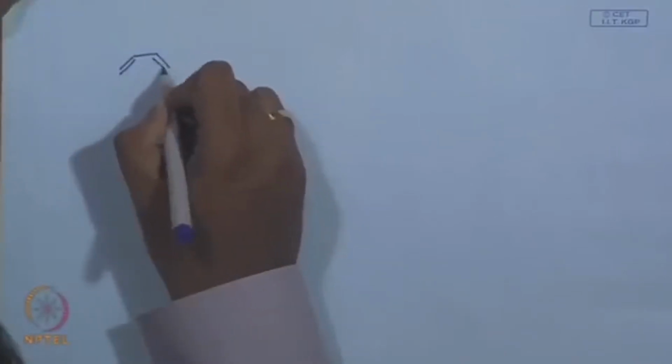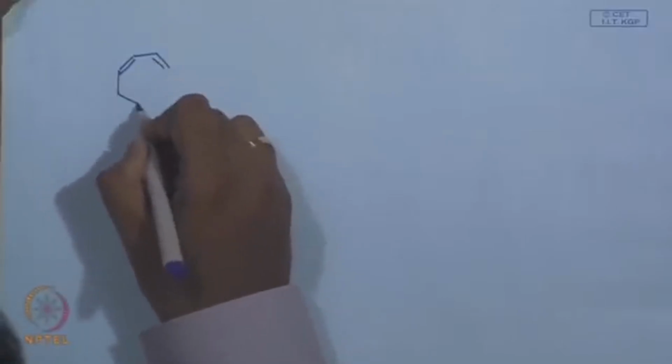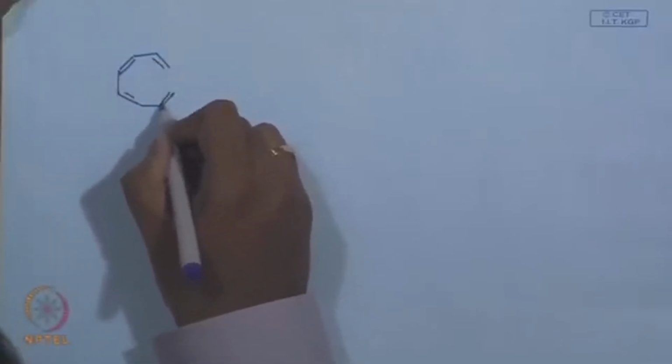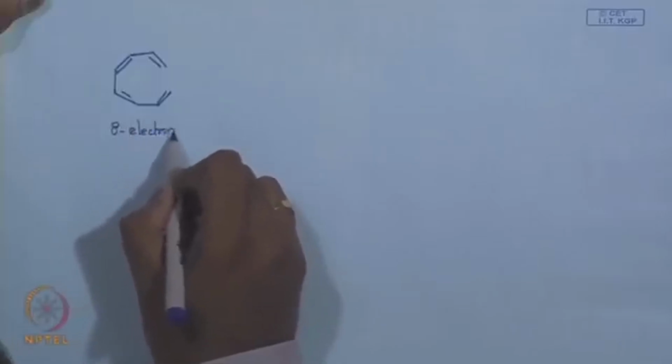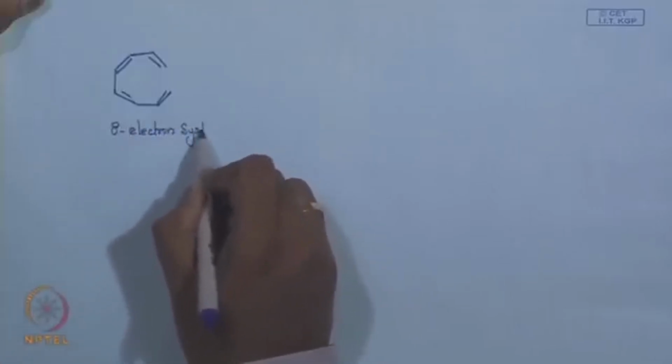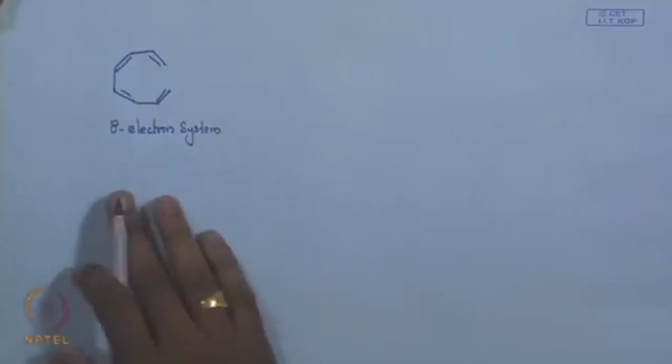You can also have an 8 electron system where you can think about your cyclooctatetraene system. This is what your 8 electron system is. So, again it is a 4n system, right.